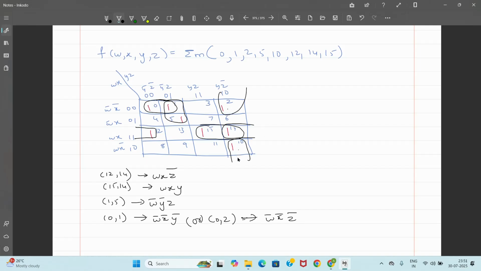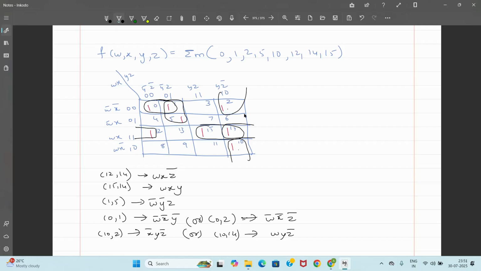So I will just take the group number 10 comma 2. Then the equation is going to be x bar y z bar. If at all I take 10 comma 14, then the equation becomes w y z. So you have the choice. Either you can group with 2 and 10, or you can group it as 14 and 10.